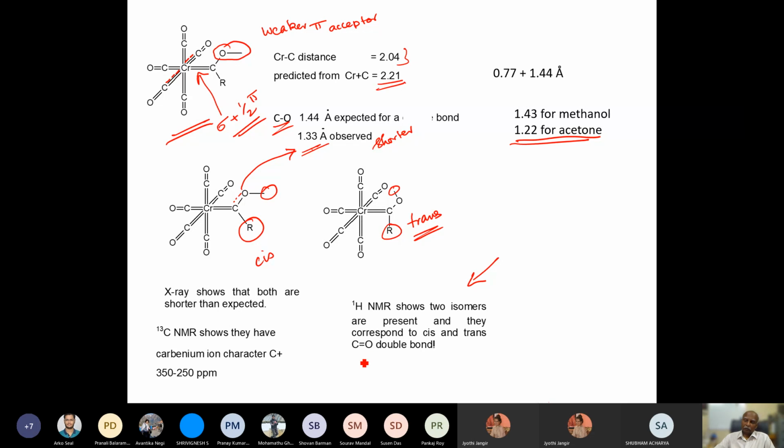You have an indication of a partial double bond, and you also have a slight carbenium ion character on the carbon. So you have chemical shifts which are very high in terms of ppm value.